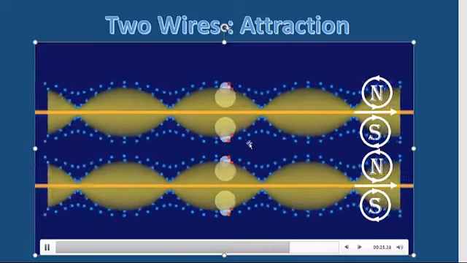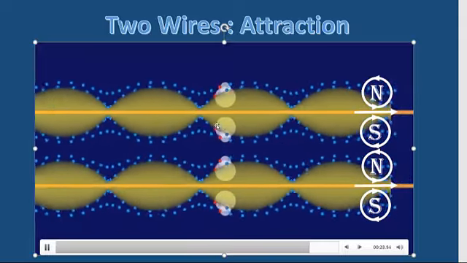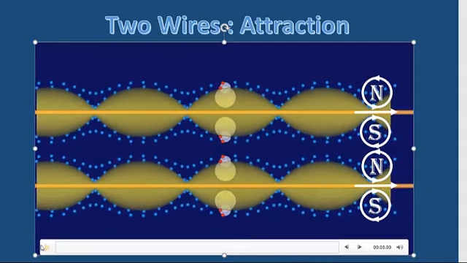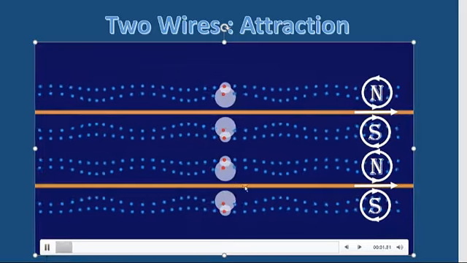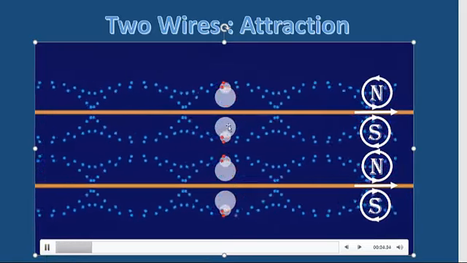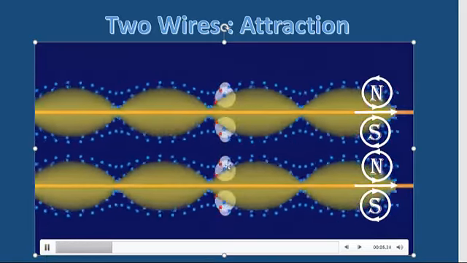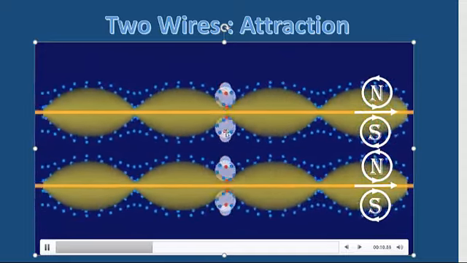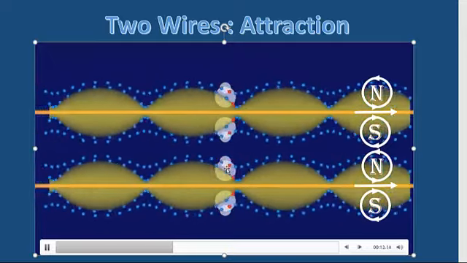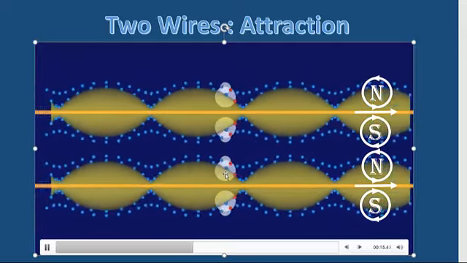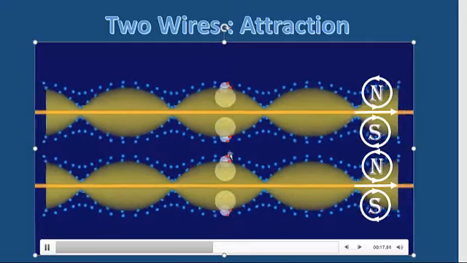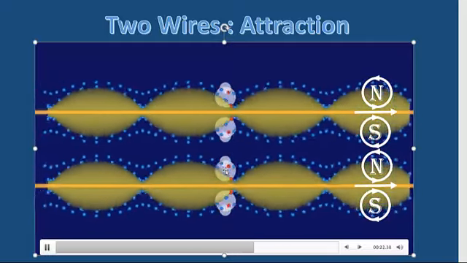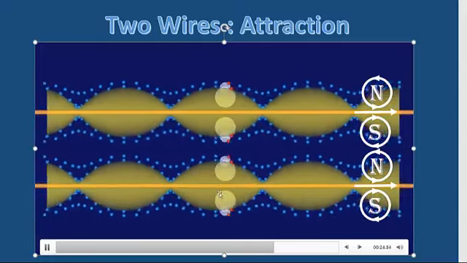Between the wires, you have clockwise circulation here, and counterclockwise circulation here. Let's do that again. So we have clockwise circulation here and counterclockwise circulation here. So these two circulations are next to each other, and as we saw with the spinning cylinders, when you have opposite circulation next to each other, it's going to cause attraction.